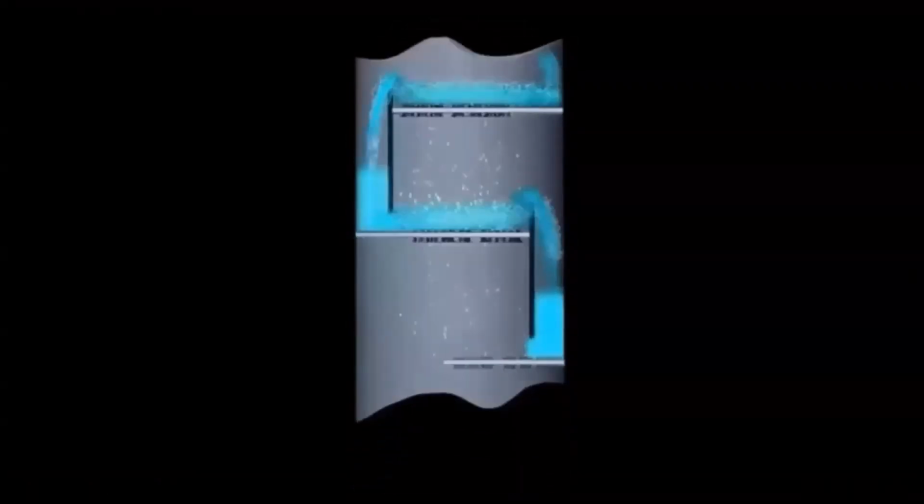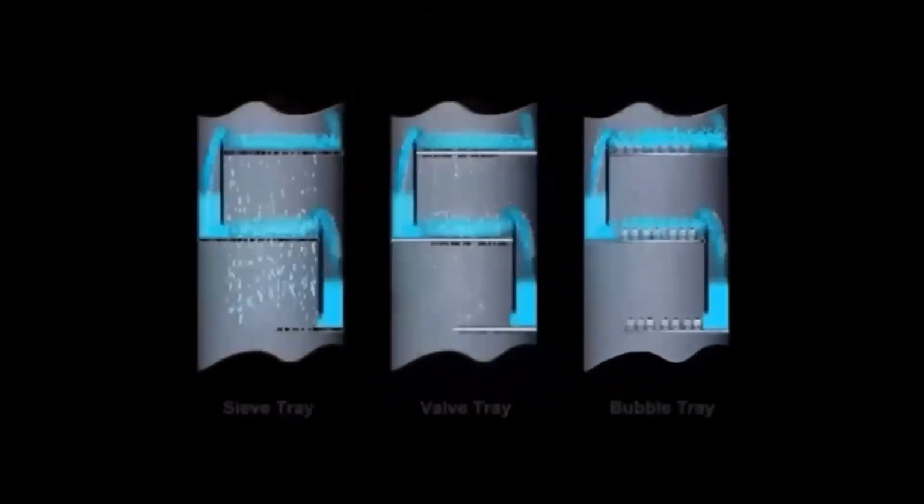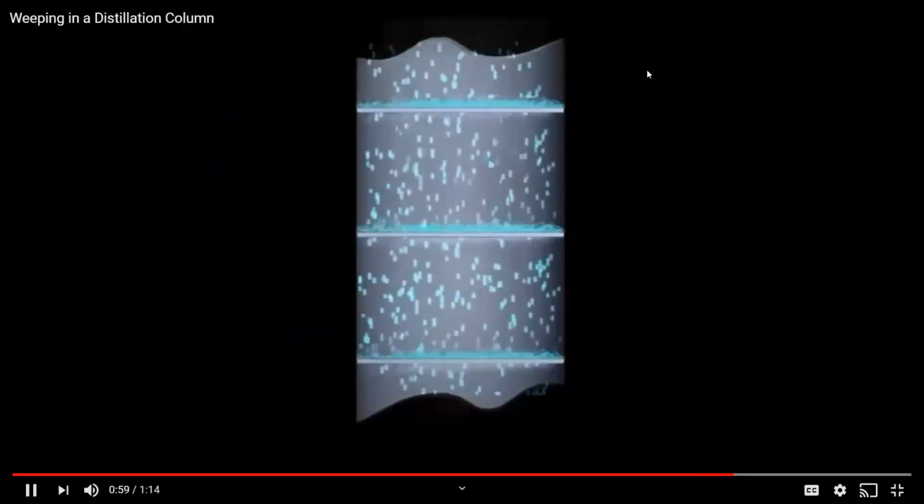Valve trays can also weep, since the valve units are designed not to close completely at zero vapor rate. Bubble cap trays have considerable protection against weeping as one of their design strengths. Counterflow trays weep as part of the design.